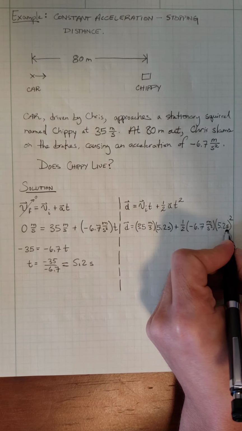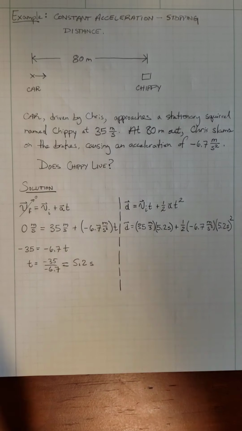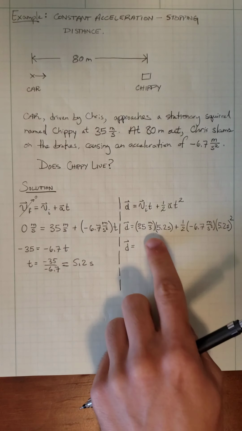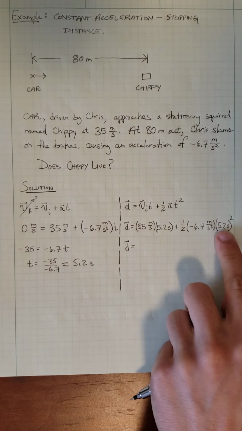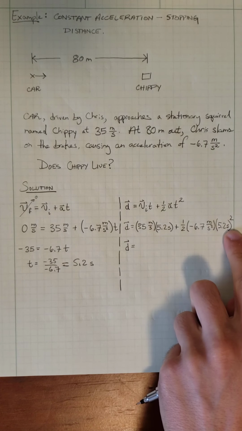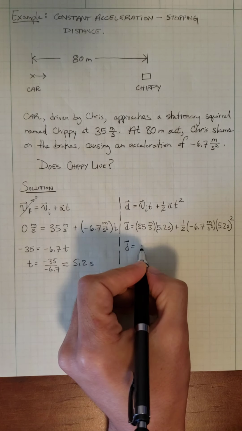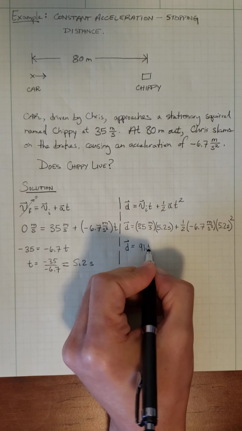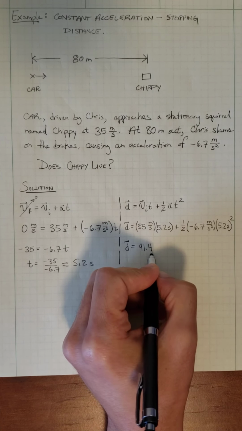That's an S for seconds there. And this, you should follow along with a calculator just to make sure that you know what's going on. And that should come to 91.4 meters.